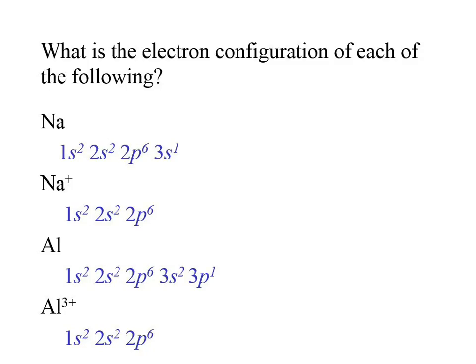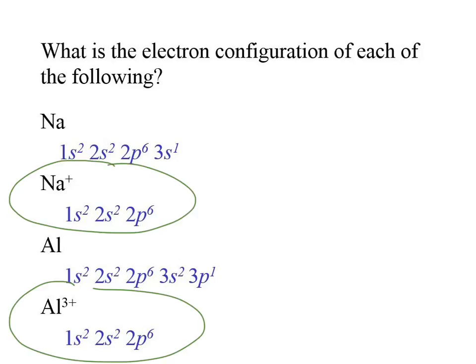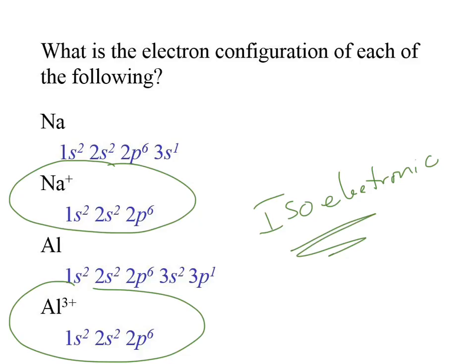Now, I'm going to introduce a term here called isoelectronic. Iso, I think, meaning the same. Electronic meaning something to do with electrons.